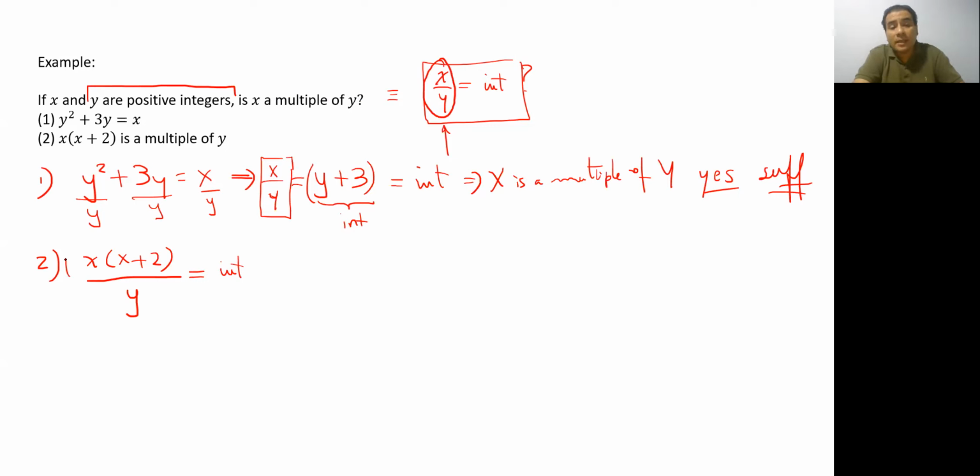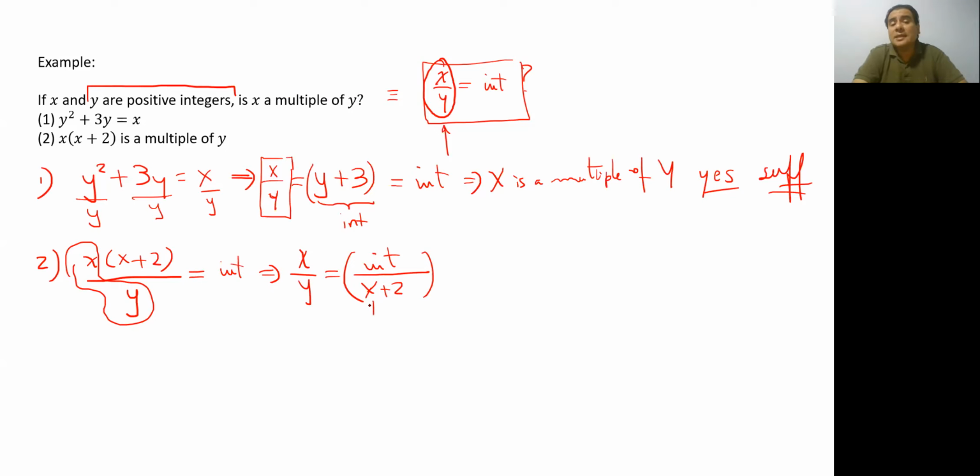So I try and isolate this quotient, okay? Let's do it. X over y would be an integer divided by x plus 2. So now let's analyze this expression to check whether it is always an integer or not.